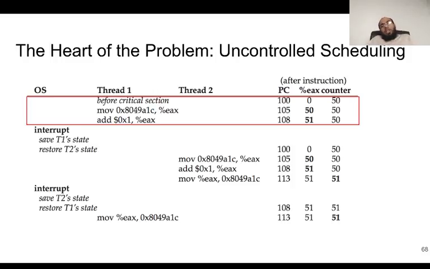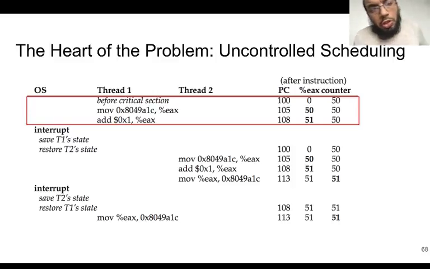So thread 1 starts running, and you move 0x8049A1C, the hexadecimal memory address, to the EAX register. If you look at the first line, EAX was 0 and counter was 50.